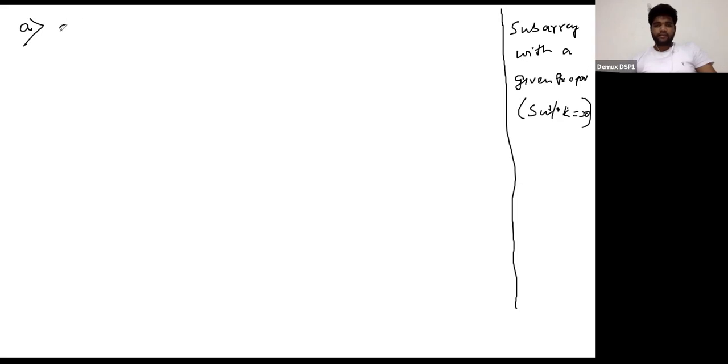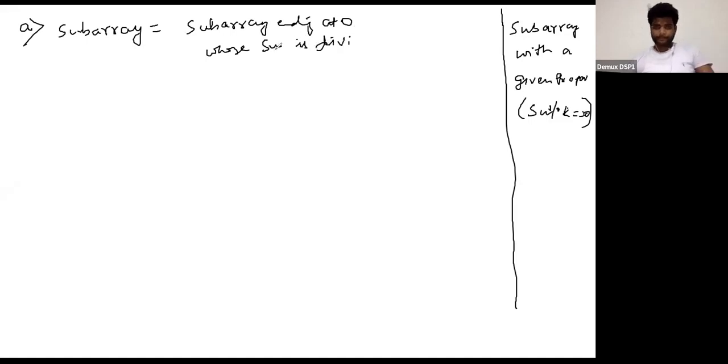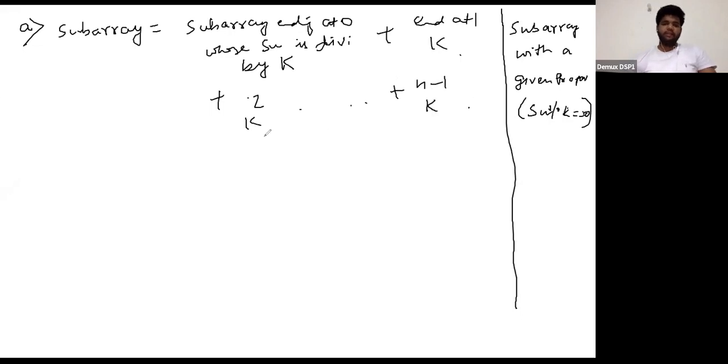Basically, the total subarrays is subarrays ending at 0 whose sum is divisible by k, plus subarrays ending at 1 with sum divisible by k, plus subarrays ending at 2 divisible by k, and so on, plus subarrays ending at n minus 1 divisible by k, right? So this is the answer. This is the first step.